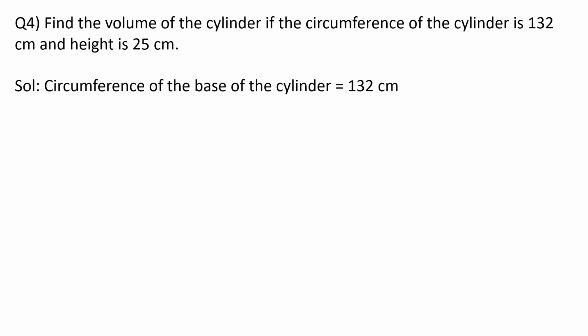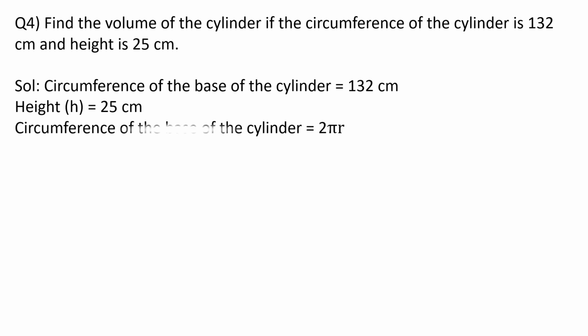Solution. The circumference of the base of the cylinder is given as 132 centimeter. So you know the circumference formula. You'll write down height equal to 25 centimeter, given. Therefore, the circumference of the base of the cylinder is equal to 2 pi r, because the base is a circular part. The circumference of a circle, you know the formula 2 pi r, which you have learnt in your previous standard. So you'll use 2 pi r. This value 132 is given, so you will place it in place of the circumference.